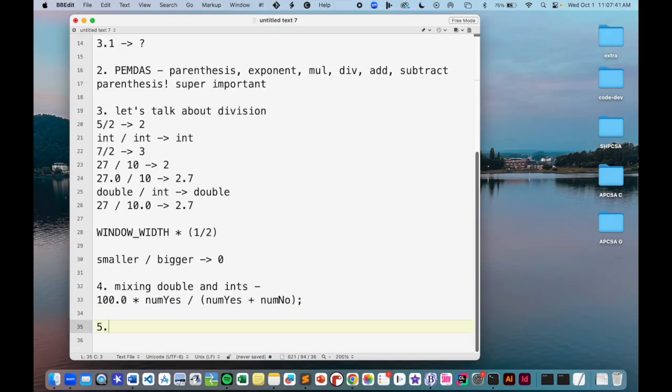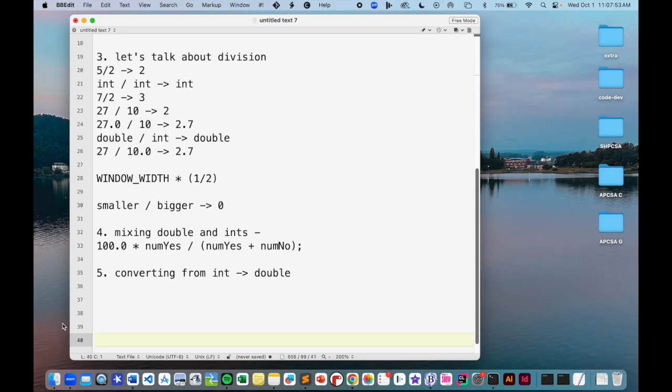All right. Let's do converting from int to double. There's two ways that you can actually convert from an int to double, and I'll show you the way that we do this more often. So let's say we had int x equals 47, and I wanted to say double y equals, and just make this 47 a double.